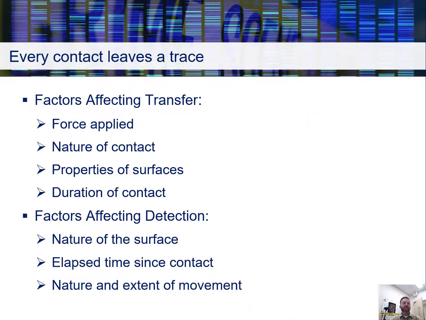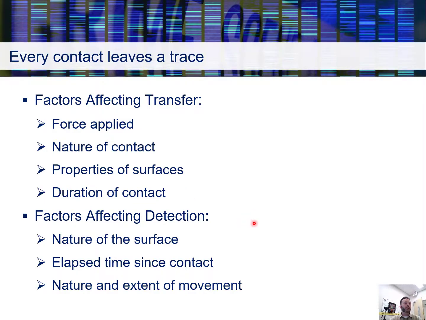So every contact leaves a trace, but the process can be affected by numerous factors. For example, the force being applied on an object or person, the nature of that contact, the properties of the surfaces that came into contact, and obviously the duration of the contact. So the longer the duration, the more of that trace we would expect to be transferred.